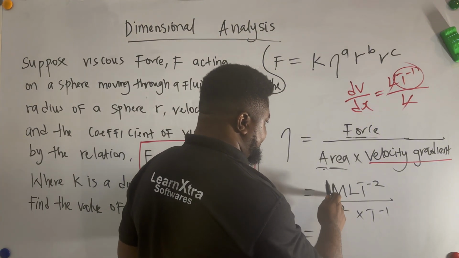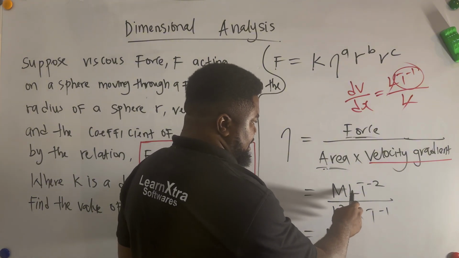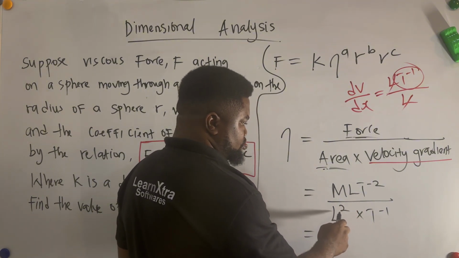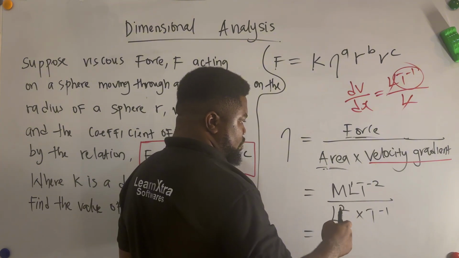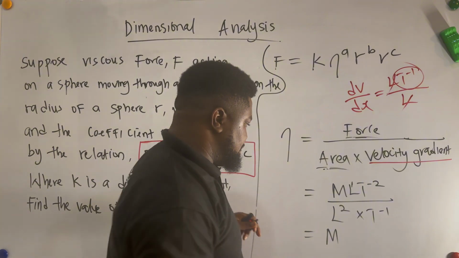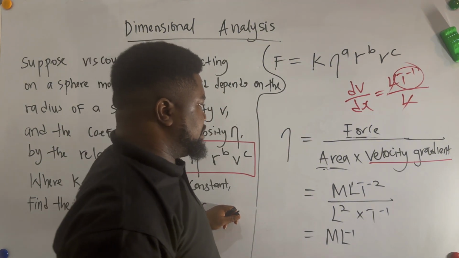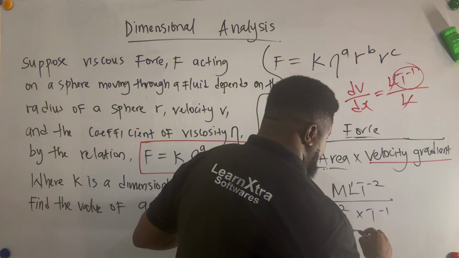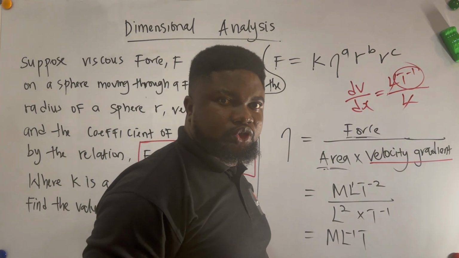I'll have M, yes, L. For L, coming up, here is 1, coming up I'll have minus 2. So 1 plus minus 2 is minus 1. T I have here minus 2, minus 1 coming up, I'll have plus 1.